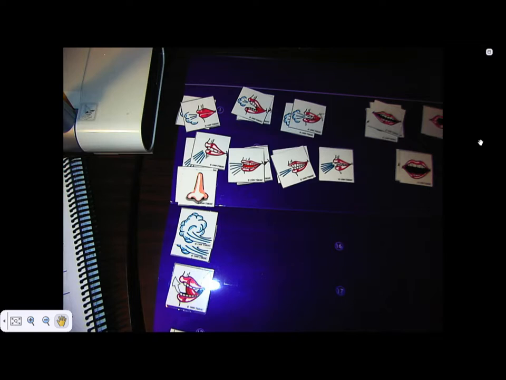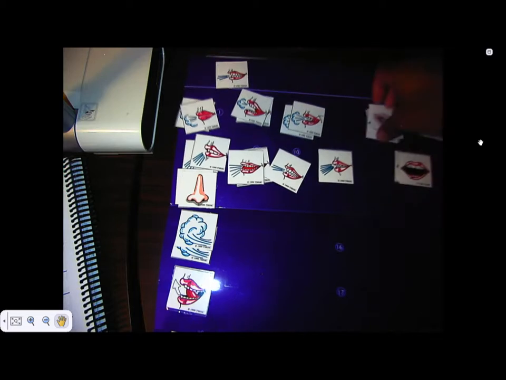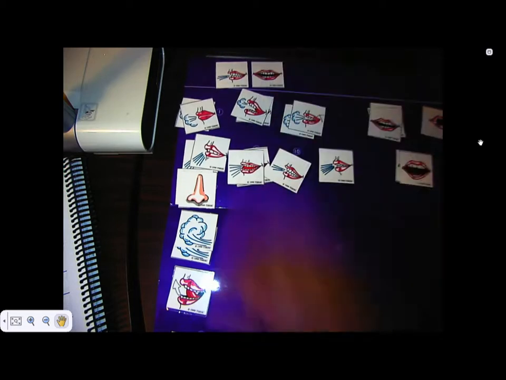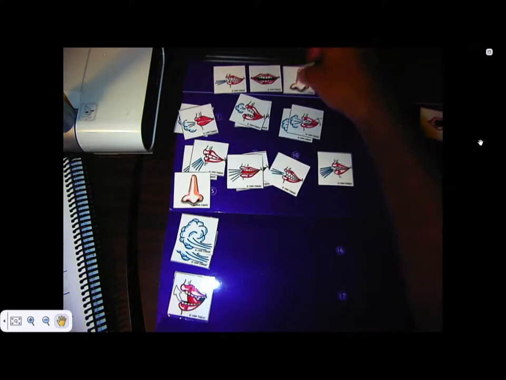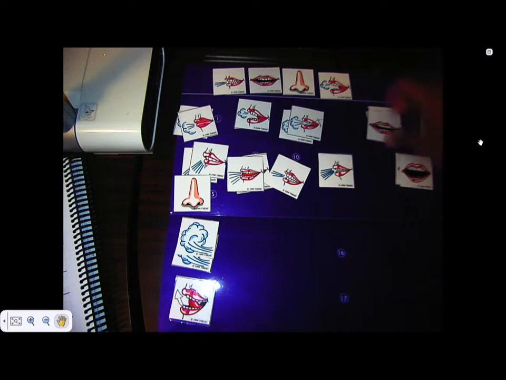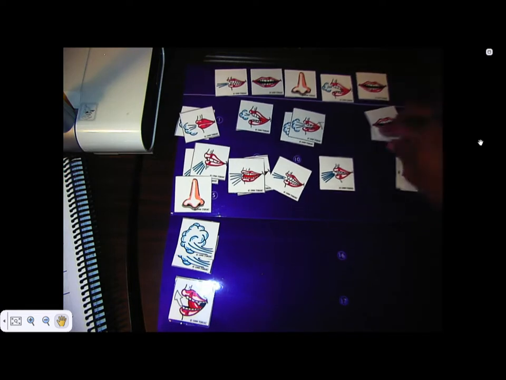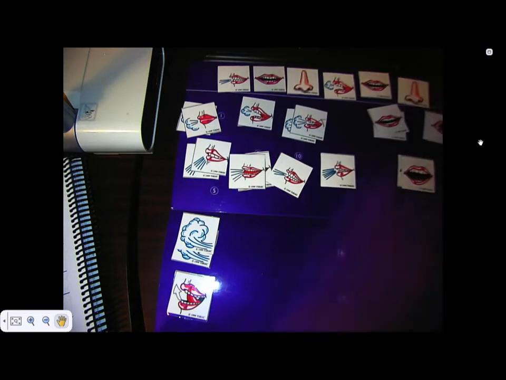So now we need to pull the cards. Our card for s, a, n, d, I, ing. Okay.